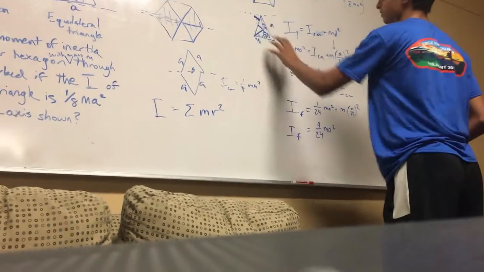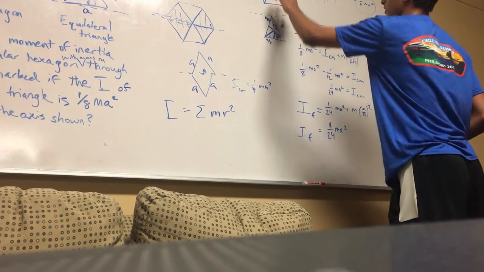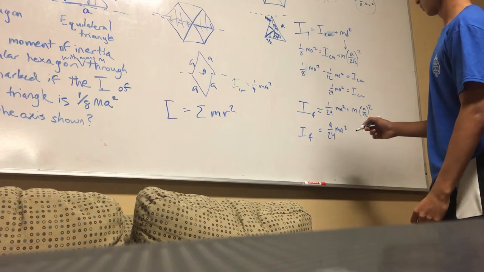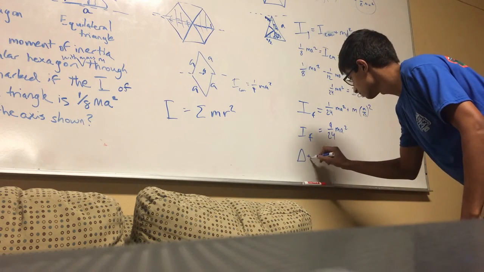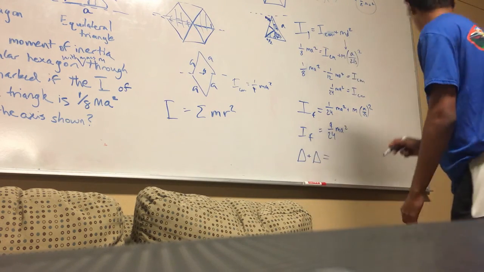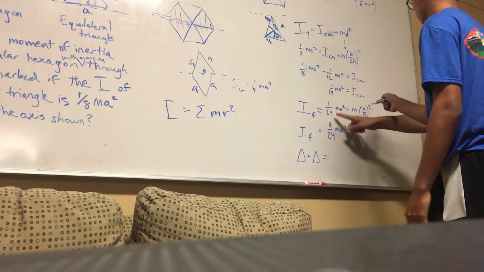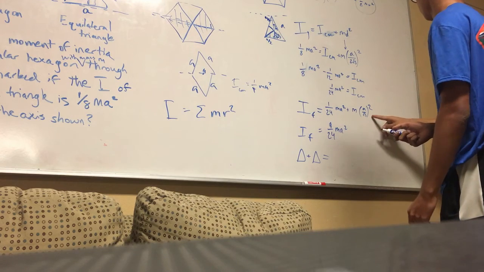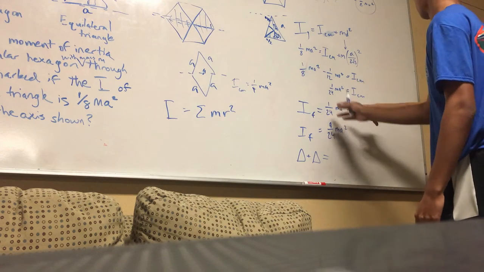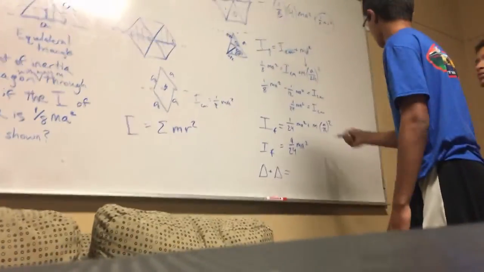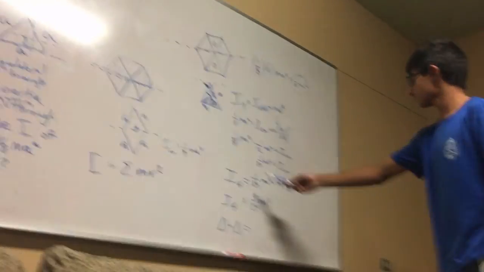And so now this is just the moment of inertia for this one triangle, but we have 2 of them. How did you get that? 1 over 24 plus m a squared over 3. Because we're squaring it, our coefficient is 1/3, and 1/3 is equal to 8 over 24.